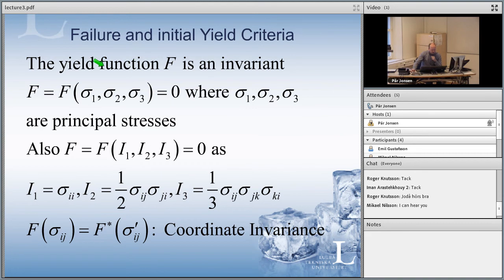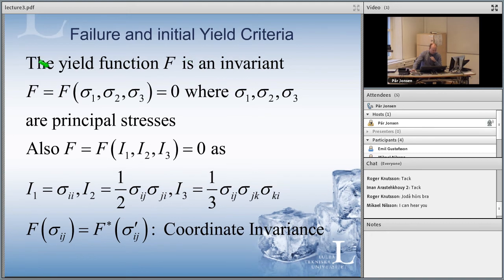But another way of writing it is to use the invariants that you have, and use them to control the yielding point. So these three together, the first, second, and third invariant of your stress tensor, will control the behavior. And if you just recall what it looks like, this was the trace, this is the deviatoric part, and this will also give you the deviatoric direction in stress space.